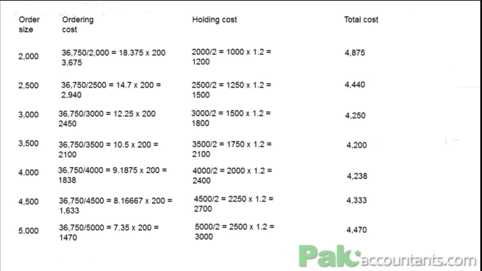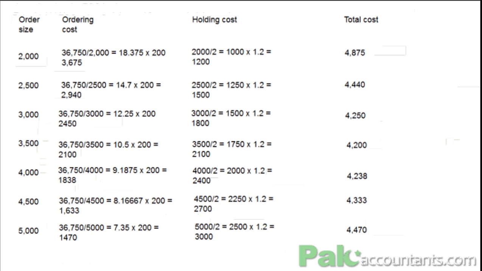Now I'm continuing the same question that I did before, in which I applied the mathematical approach and calculated the EOQ, and that's where we got the economic order quantity equal to 3,500. I calculated the ordering and holding cost for a few order sizes smaller than 3,500 and 3 order sizes that are more than 3,500, and their corresponding ordering and holding cost, and then the total costs.